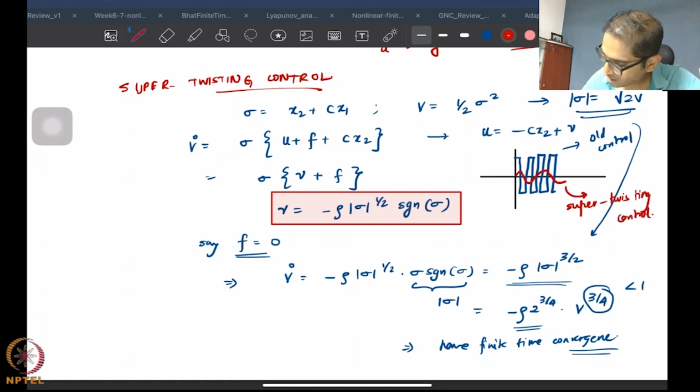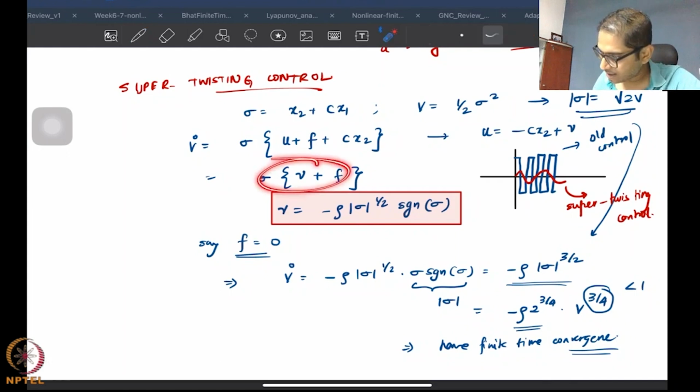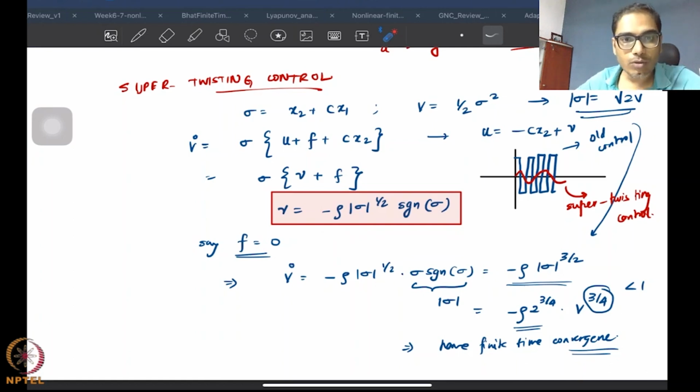Now the only problem is when there is actually a disturbance. It is not really cancelling the disturbance term. If you notice, the whole purpose of rho signum sigma was that it was dominating the disturbance term. This is not doing that. So what do we propose?